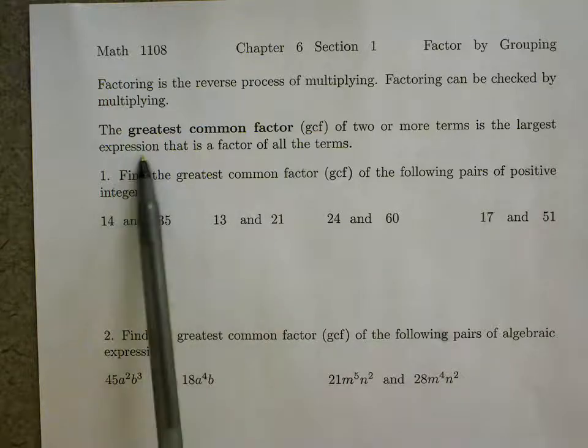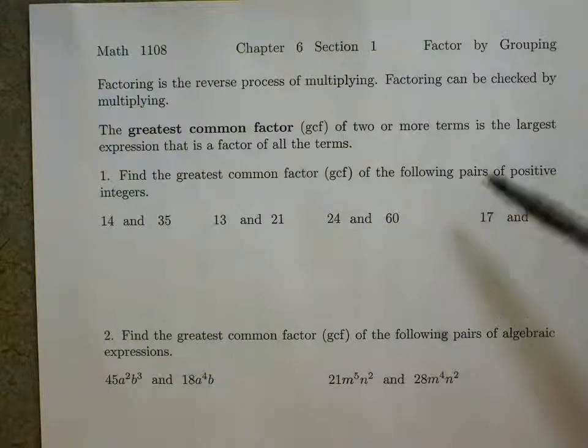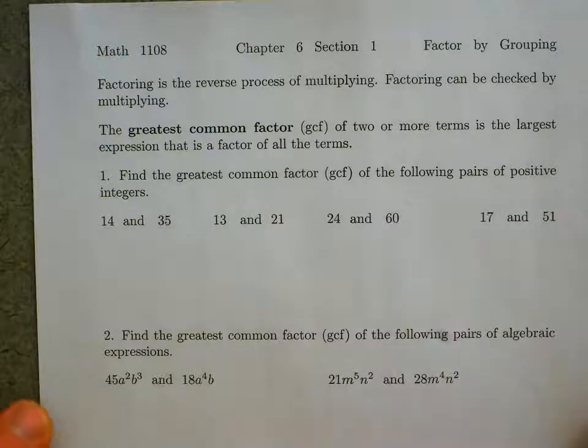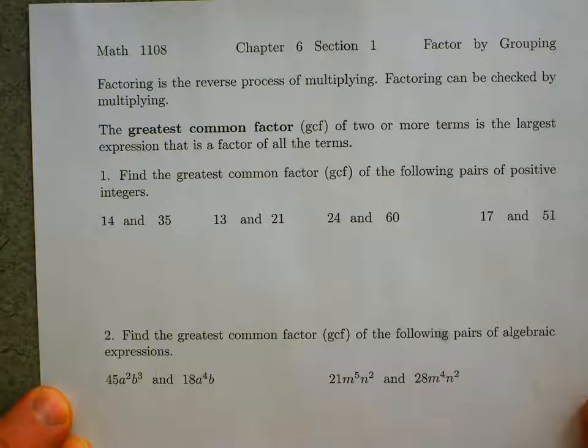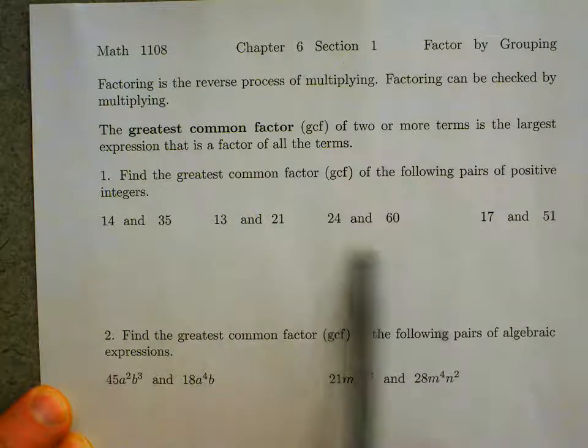First, we'll talk about the greatest common factor. The greatest common factor of two or more terms is the largest expression that is a factor of all of the terms. So we'll start with positive integers and find the greatest common factor.